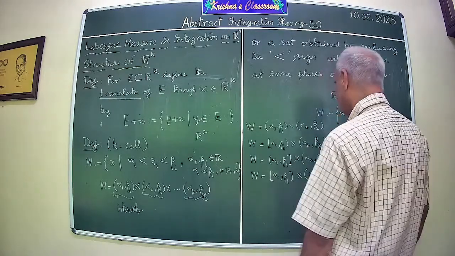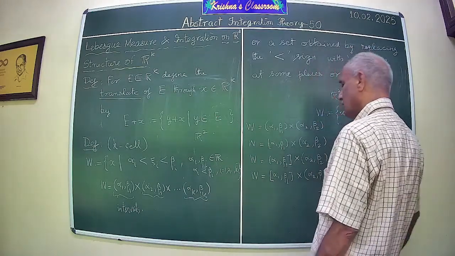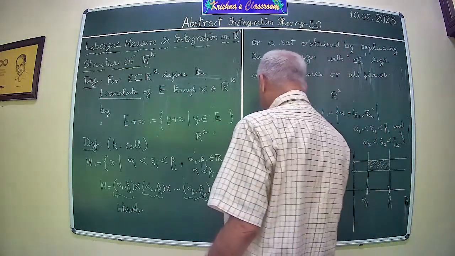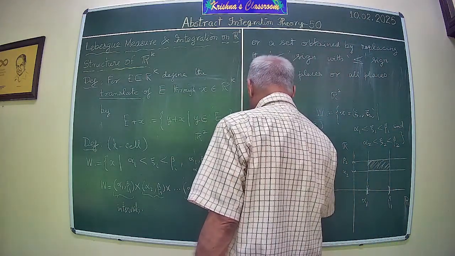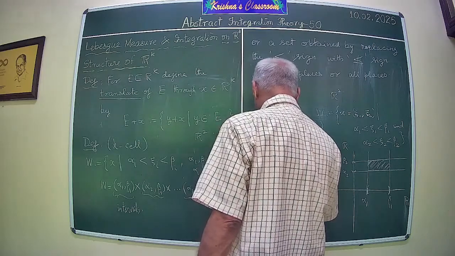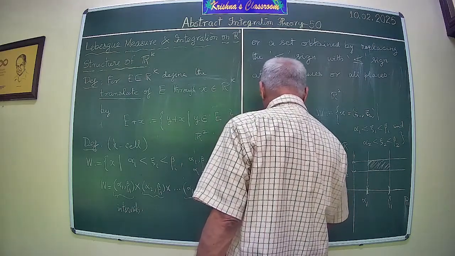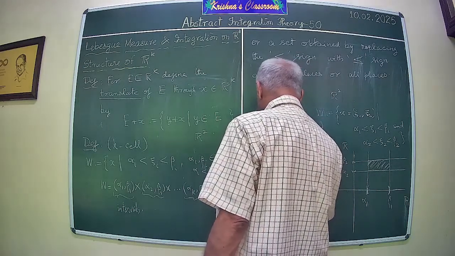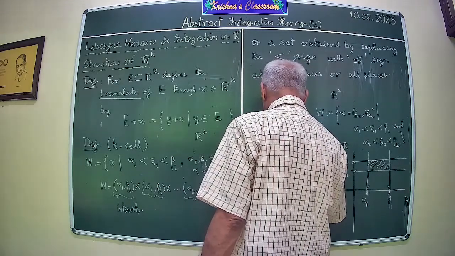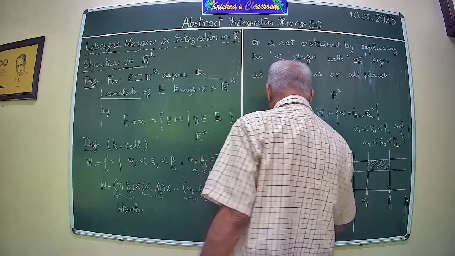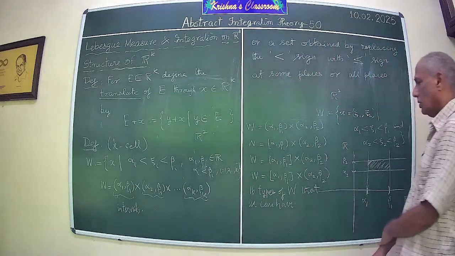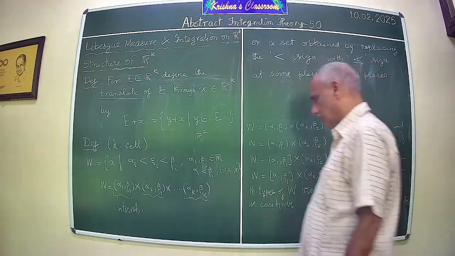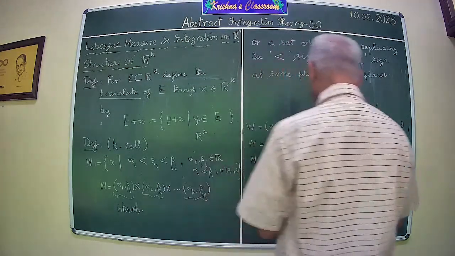So you have 4 into 4, so there are 16 types of W that you can have with this choice.